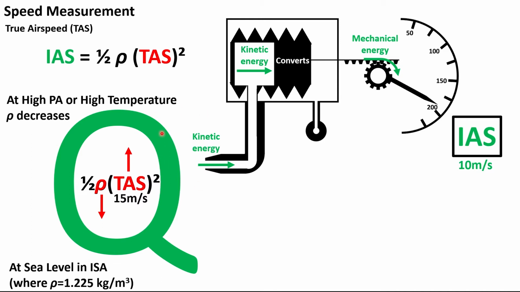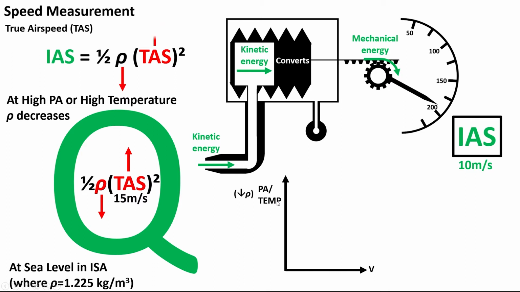So just to come back to this, for a constant indicated airspeed, when the density is less, TAS is higher. Clear? And vice versa, when the density increases, TAS will decrease. And if you look at this on a graph, this graph is speed against pressure altitude or temperature.